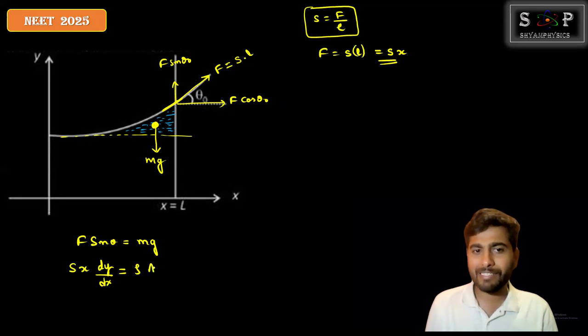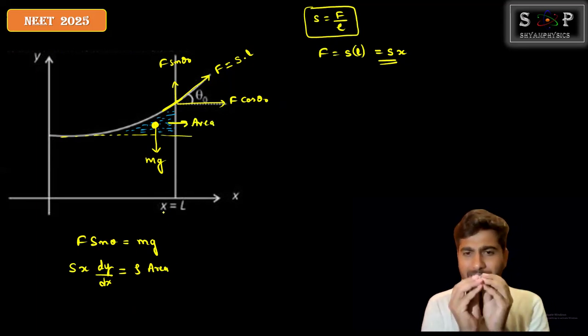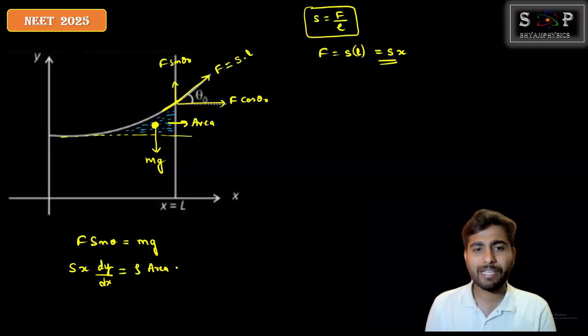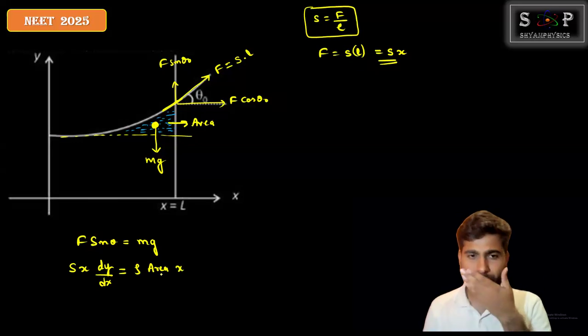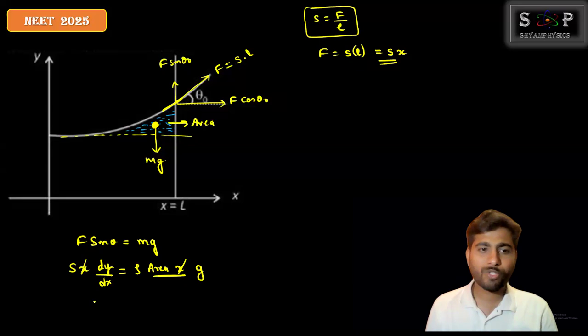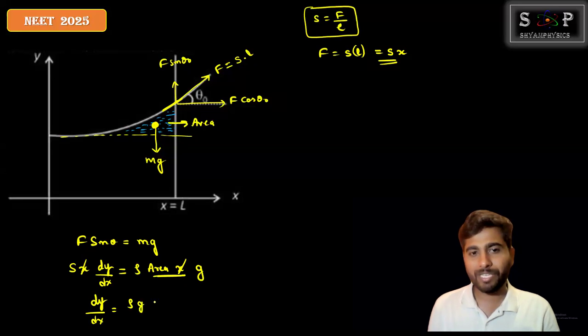Volume I will write as area, and that area is taken over a very small distance in the x-axis, so I can write this as x distance. This is volume into g. Next, x is cancelled here, so the dy by dx answer we got is rho g A divided by S.